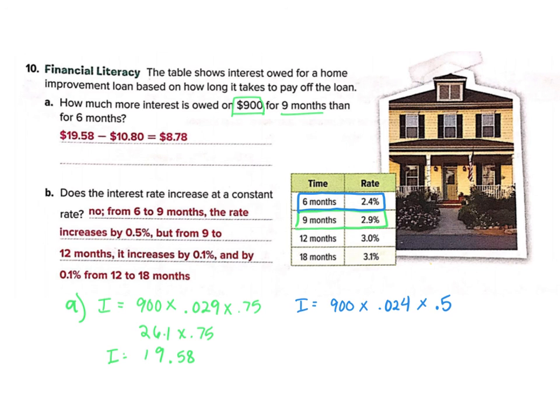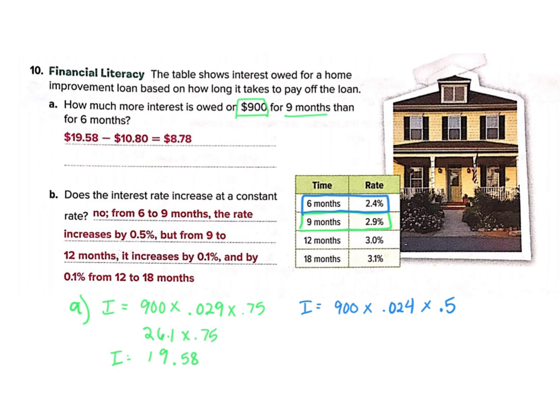Then when I multiply 900 times 0.024, I'm going to get 21.6. And multiply that by 0.5, so we're cutting that in half, and we get 10.8 or $10.80.